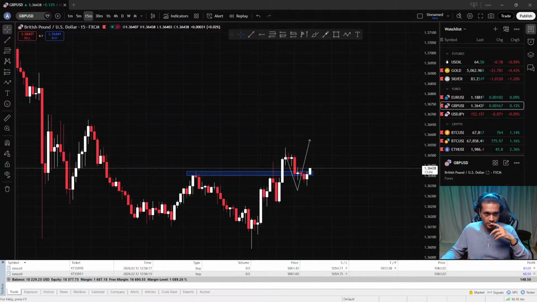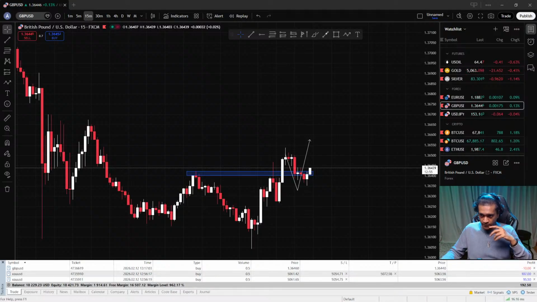GBP/USD, sorry. For GBP/USD, there's a breakout structure here. So we're going to take a minor short buy right now for GBP/USD to come up at this price. For this price, we're looking at at least 100 pips, is it?